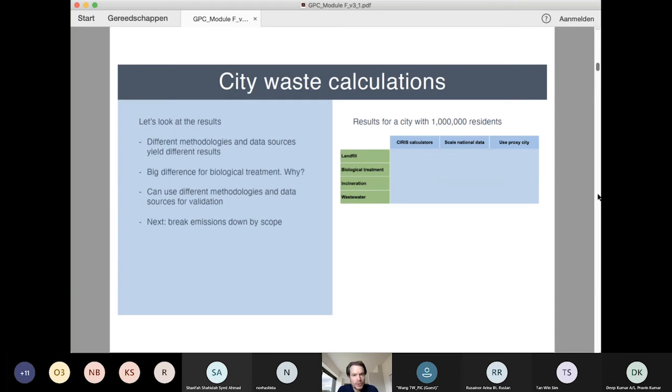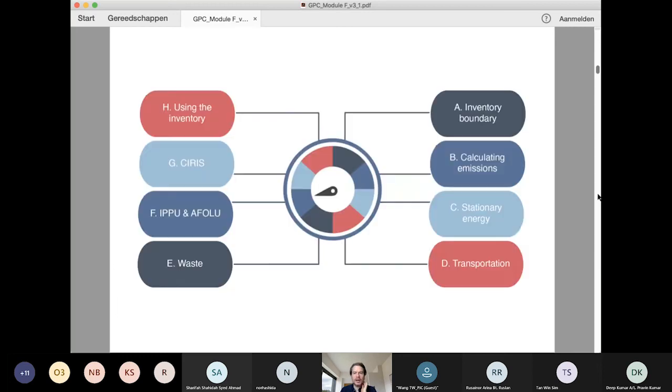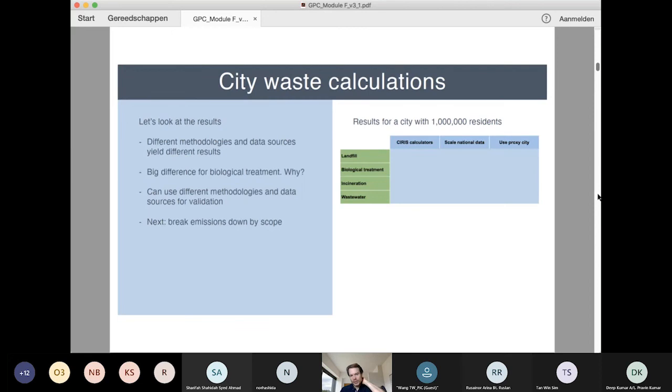There's one key difference, which is biological treatment for Kuala Lumpur using the proxy city data, where it was much higher for the proxy city approach than for the other two approaches. I think we discussed that probably KL has more advanced biological treatment facilities, and therefore it's able to treat more of its biological waste separately, which is why it might be higher.